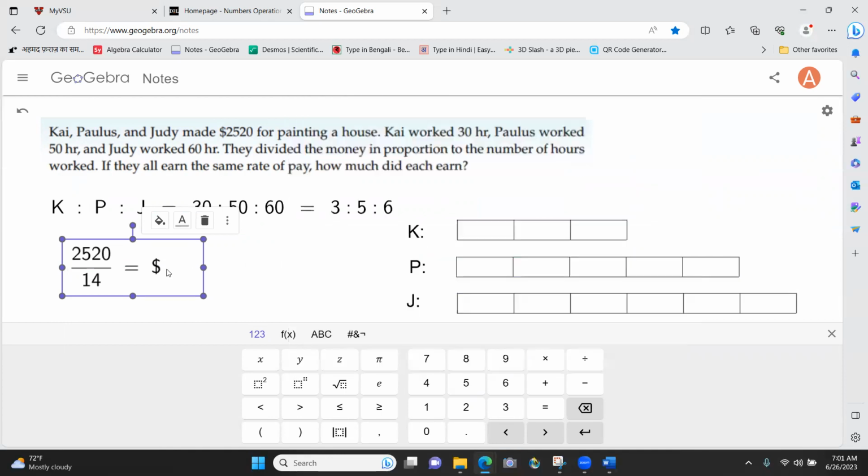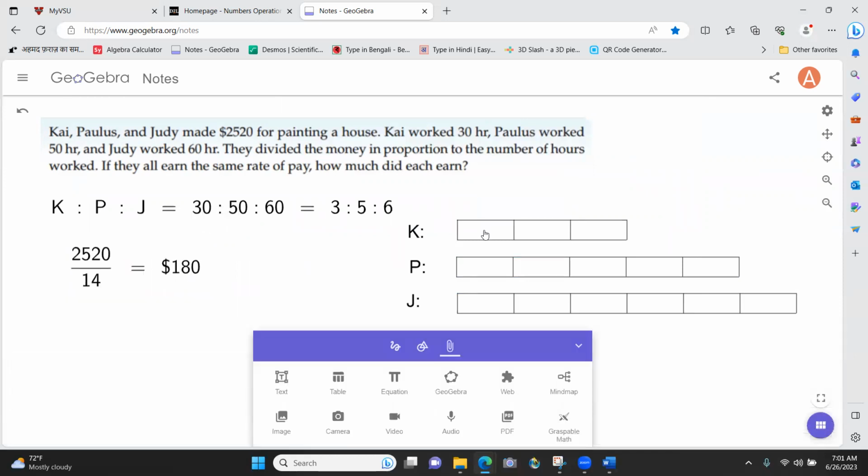I'm getting 180 bucks if I'm not mistaken. So each box is worth 180. I'm not going to write them, but you do understand each box is worth 180.